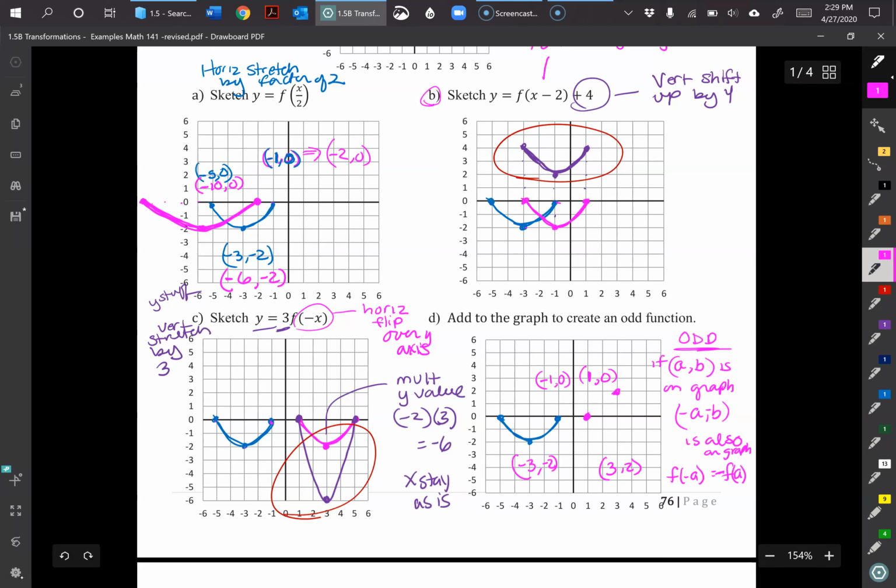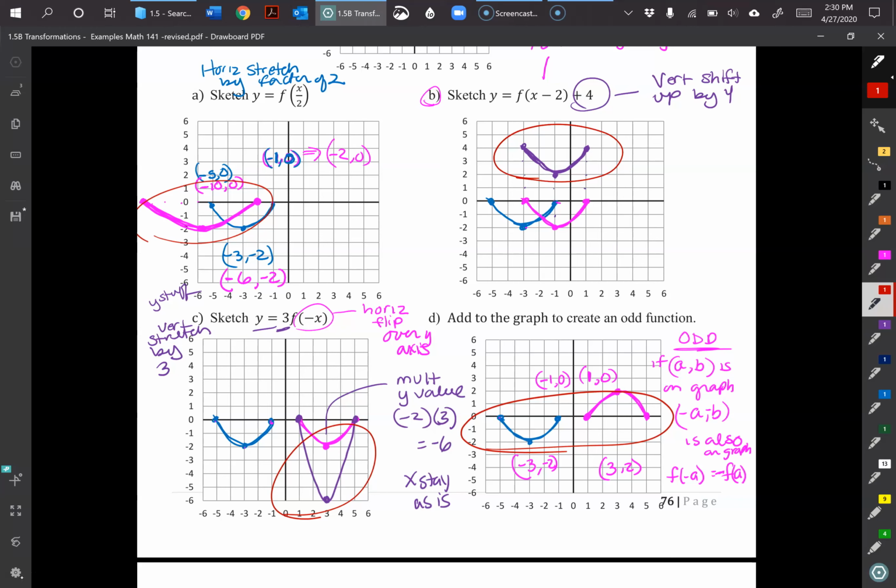We're just adding to make this odd, so they have to go together, right? And then the last one, if I have (-5, 0), that means I need (5, 0). So this is my addition to make it odd. So my whole answer is those together, not just one thing like before.